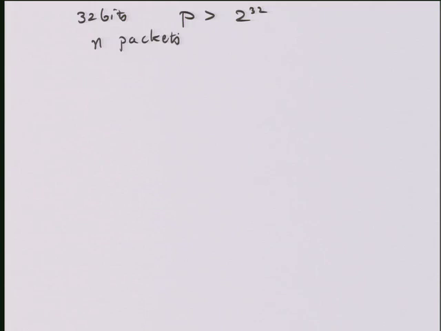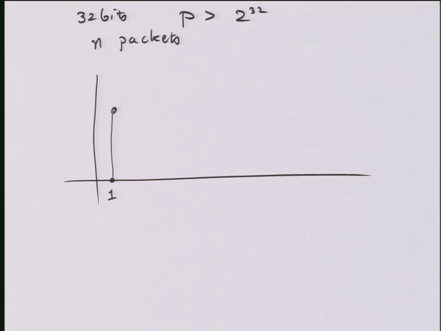Okay, so what do we want? Well, remember, this is always our picture. What we do is at x equal to 1, we let the value be the value of the first packet, shall we call that c sub 1.